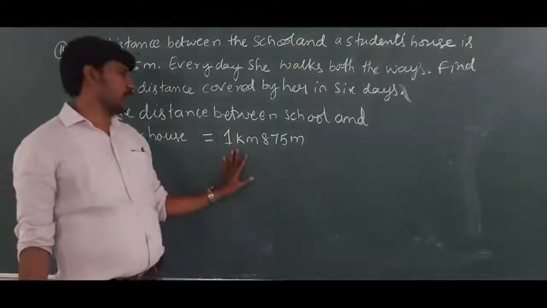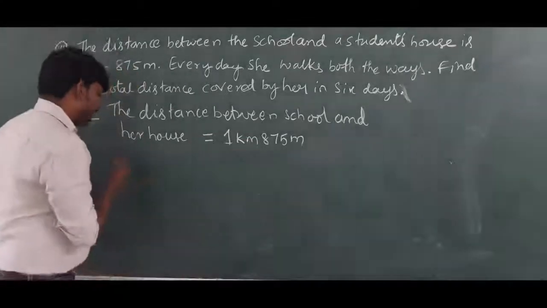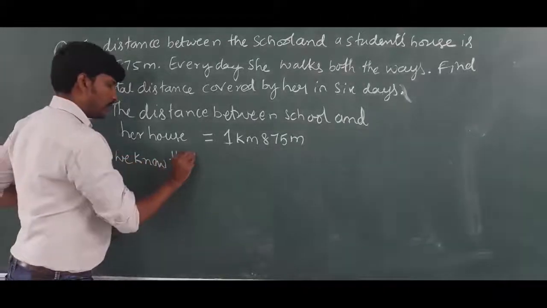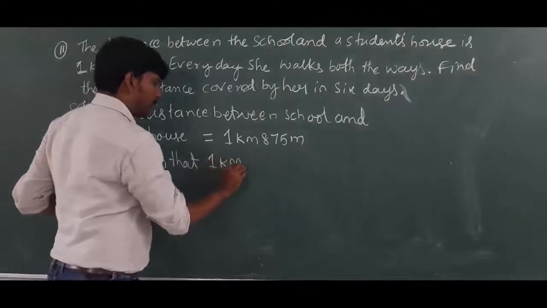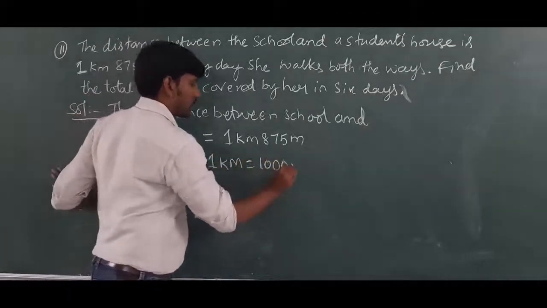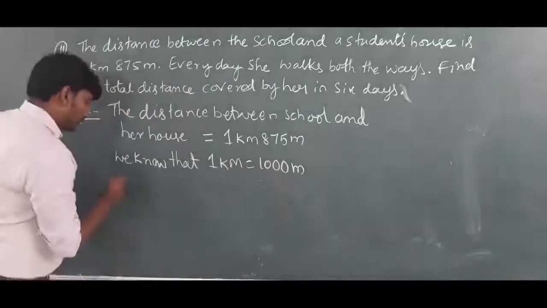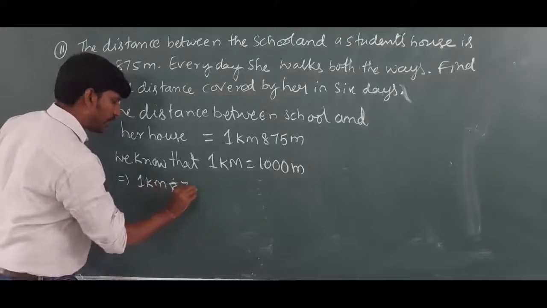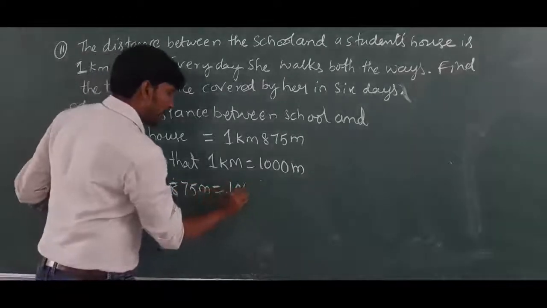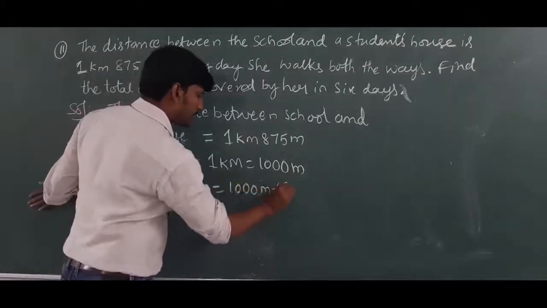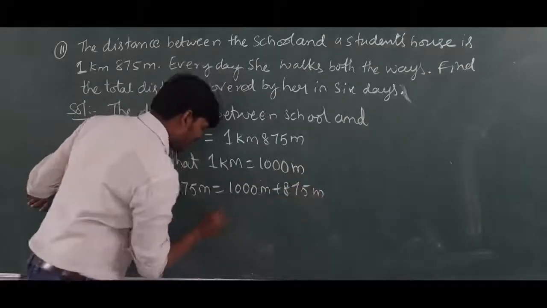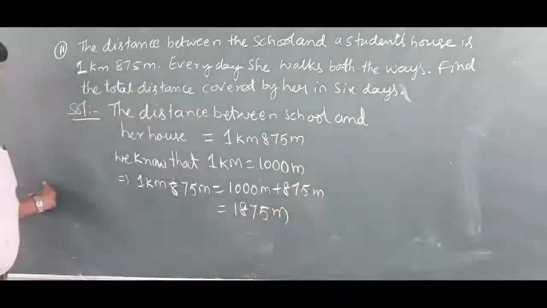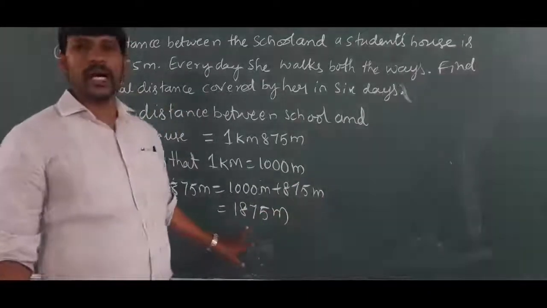It is easy to calculate. Now we know that 1 kilometer is equal to 1000 meters. So 1 kilometer and 875 meters is equal to 1000 meters plus 875 meters, which is equal to 1875 meters. That is the distance between school and her house.